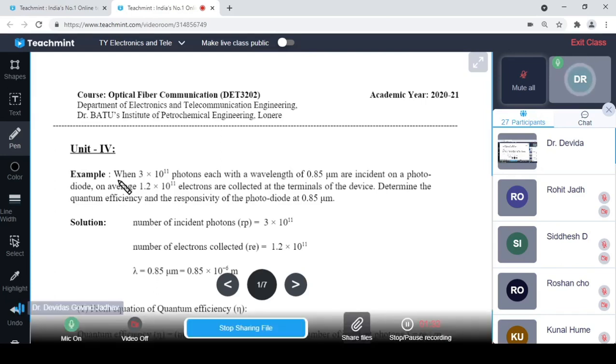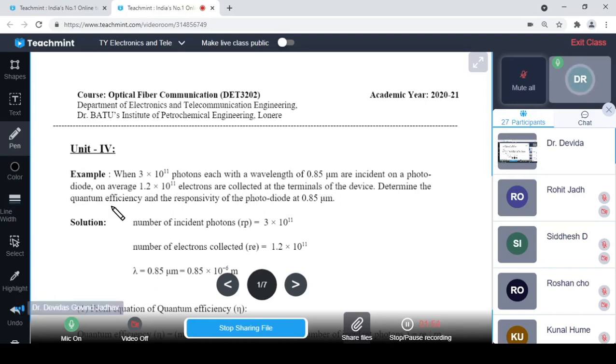When 3 into 10 raised to 11 photons, each with a wavelength of 0.85 micrometer, are incident on a photodiode, on average 1.2 into 10 raised to 11 electrons are collected at terminals of the device.